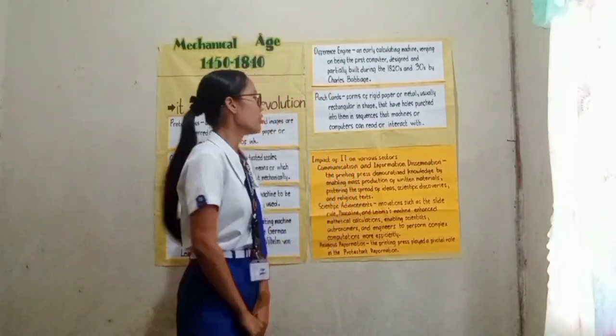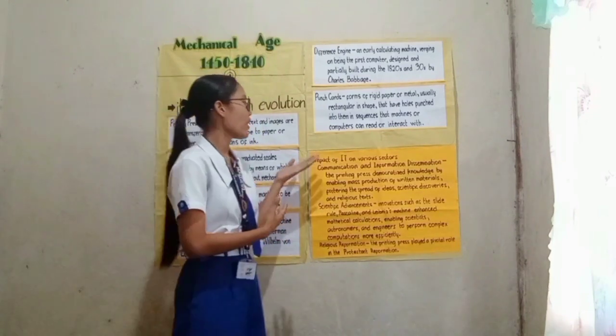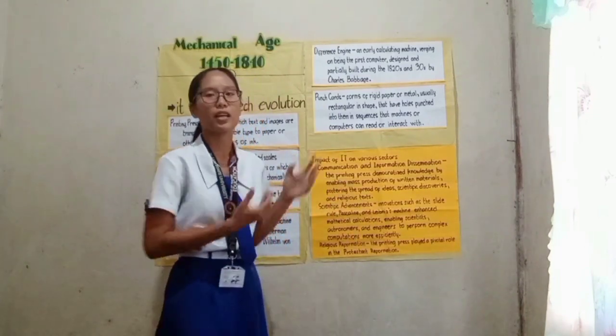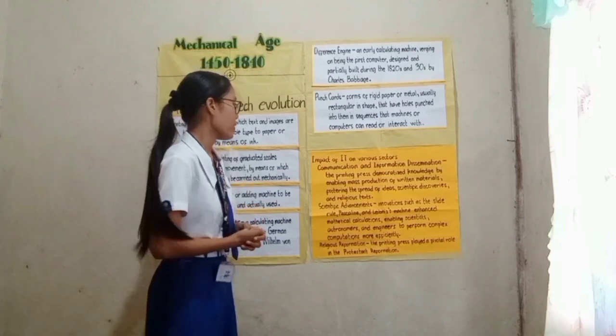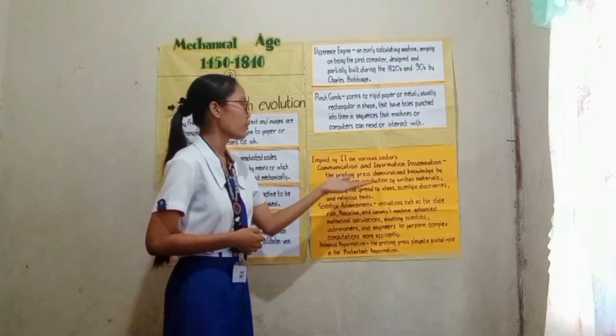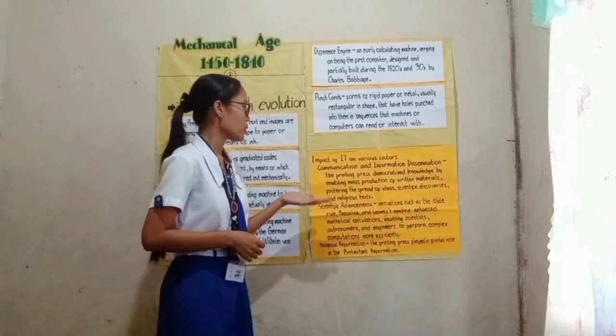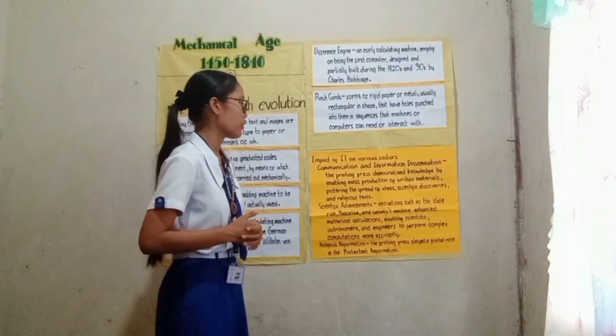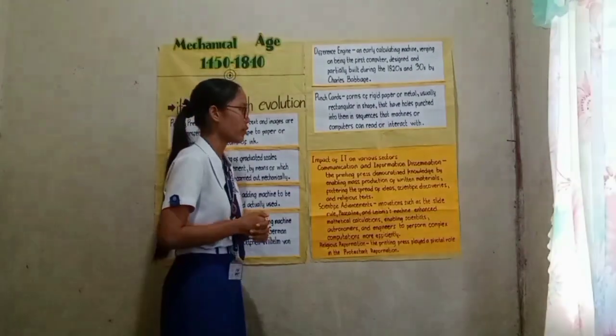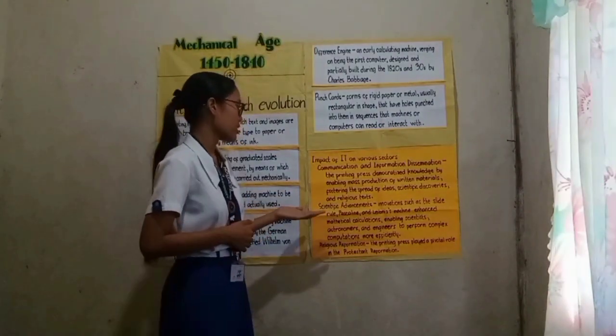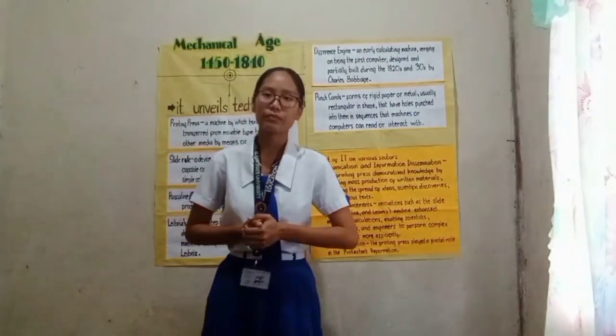So now, let's move on to the impacts of IT in various sectors during the mechanical age. First, we have communication and information dissemination. The printing press democratized knowledge by enabling mass production of written materials, fostering the spread of ideas, scientific discoveries, and religious texts.